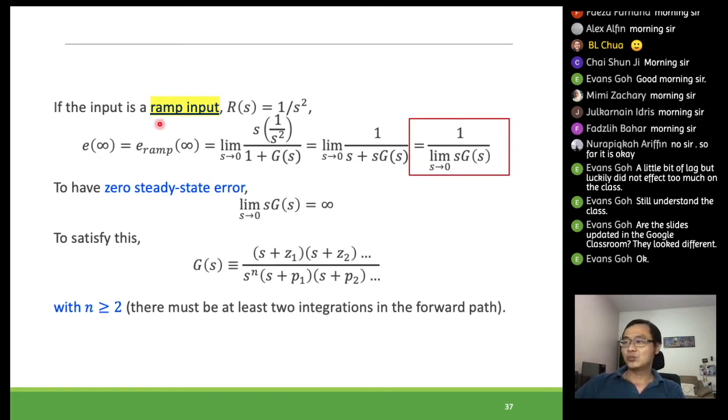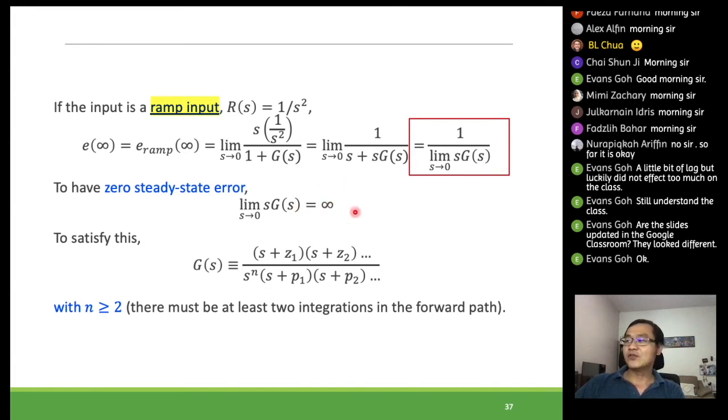Now if we put a ramp input into the unity feedback form, then again you will see that R(s) now becomes 1 over s squared, and because of that change, these terms now depend purely on 1 over the limit of sG. Again, if we want zero steady state error, we want this denominator to become as large as possible, to become infinity.